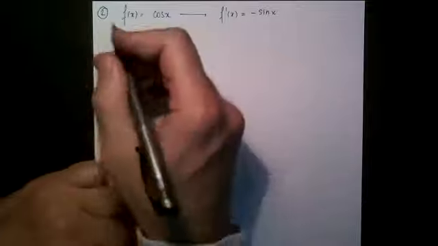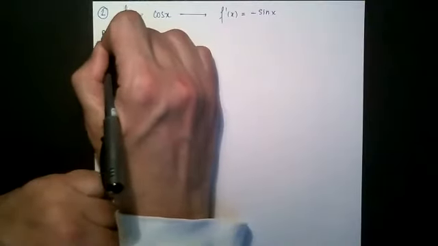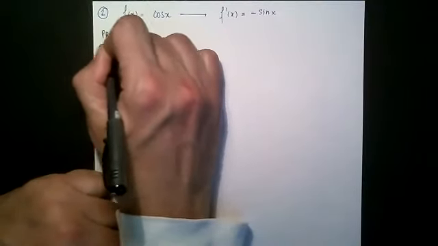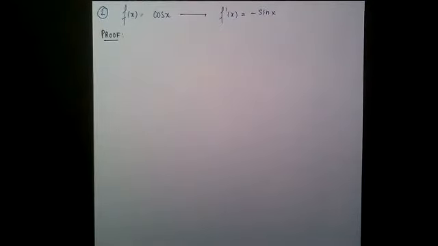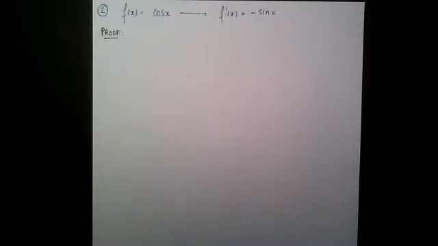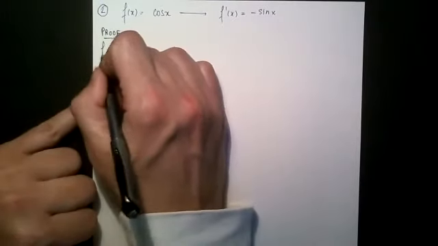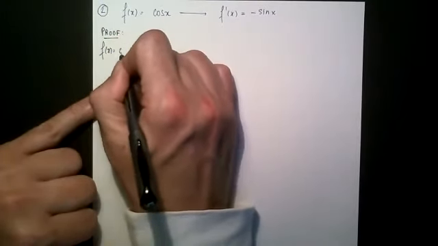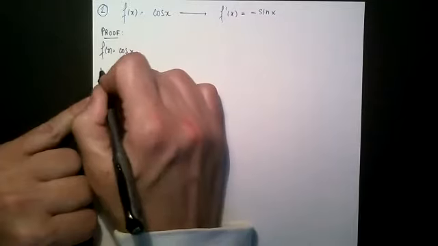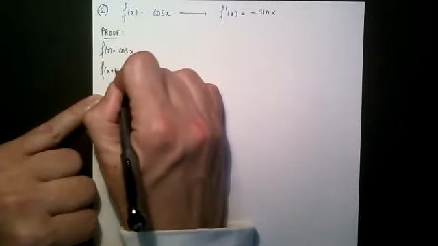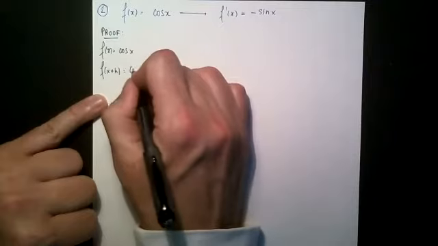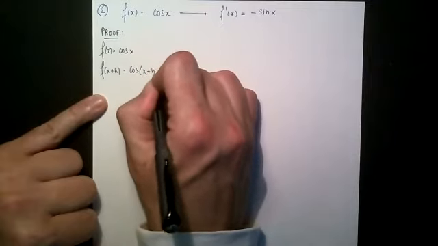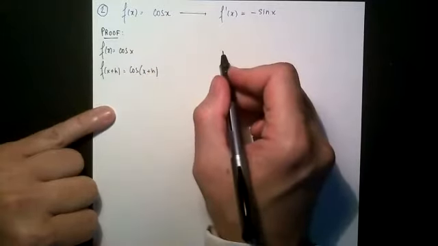Okay, so let's try the proof. So f of x is equal to the cosine of x. f of x plus h is cosine of x plus h.